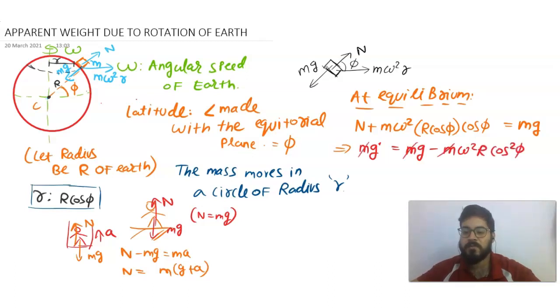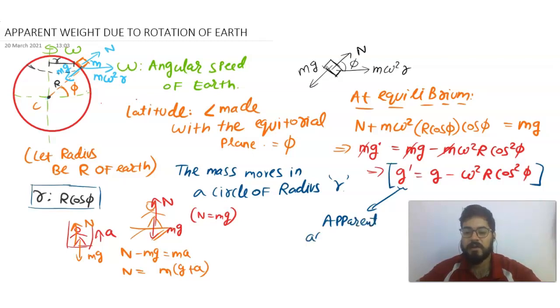Obviously m gets cancelled, and you find that g dash is g minus omega square r cos square phi. This g dash is called the apparent acceleration due to gravity. That means this is the apparent weight that you will feel. Your weight will be mg dash.